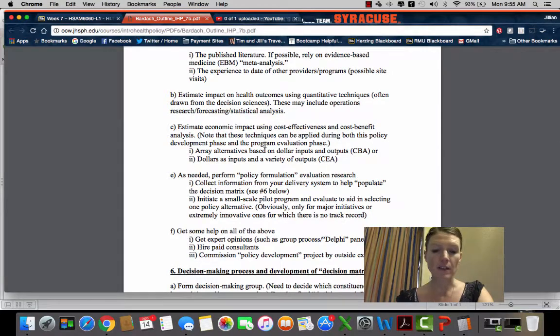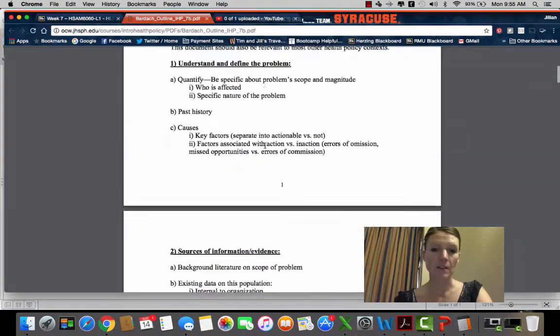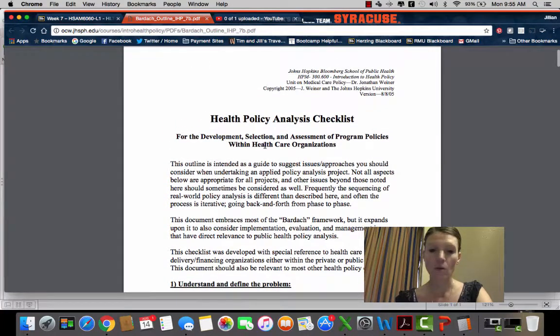All of these types of things can help. This policy analysis template can help with those things. It was just a helpful tool in general.